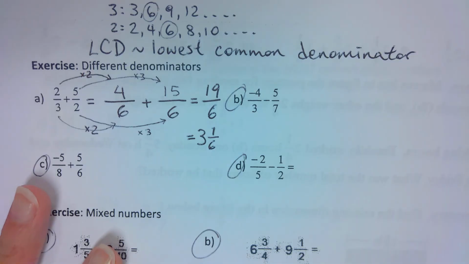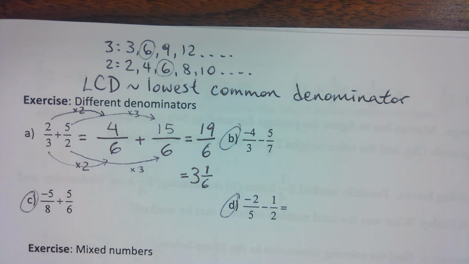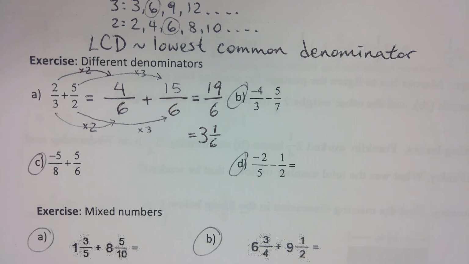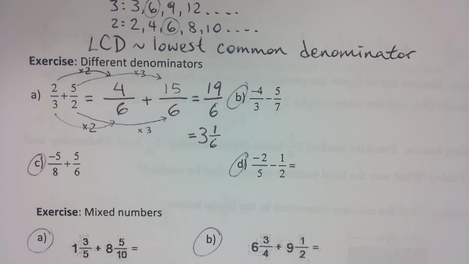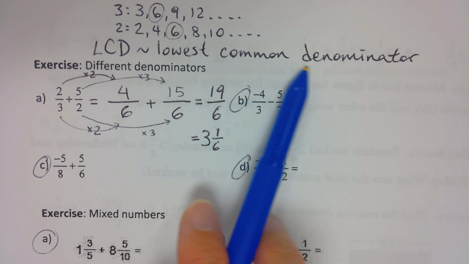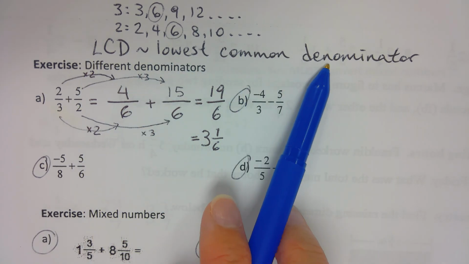So now that we know how to convert into either or, we can combine them now. We can do adding fractions together. All right. When you add fractions together, what do you need? Yep. The lowest common denominator. Lowest common denominator, LCD. Not an LCD screen, but lowest common denominator.